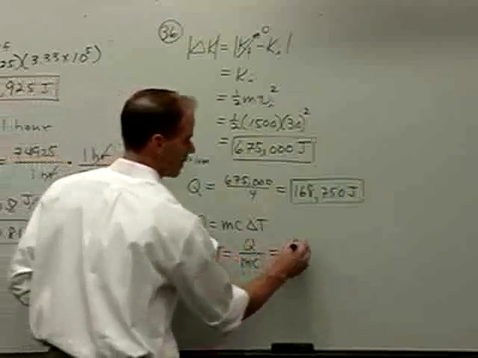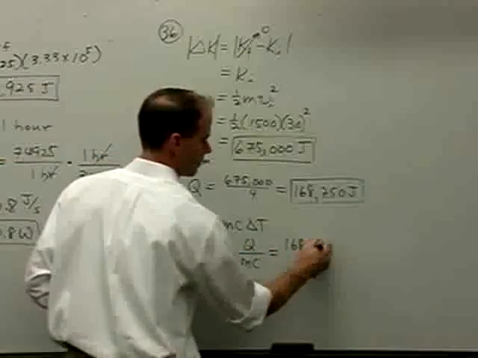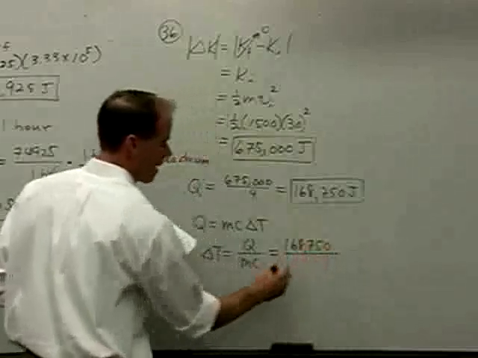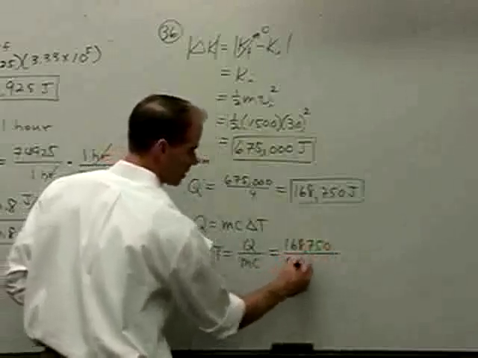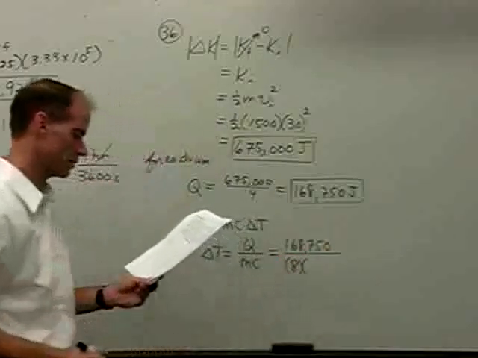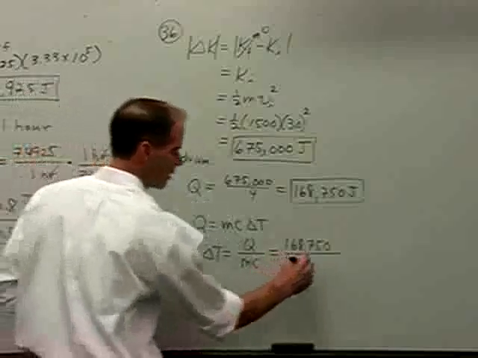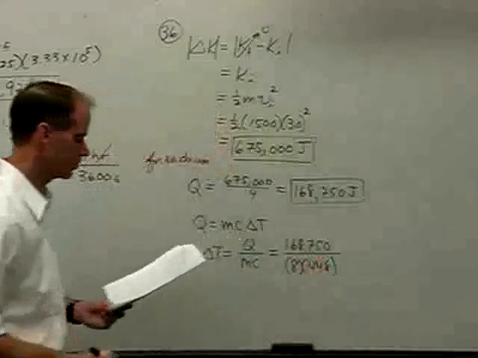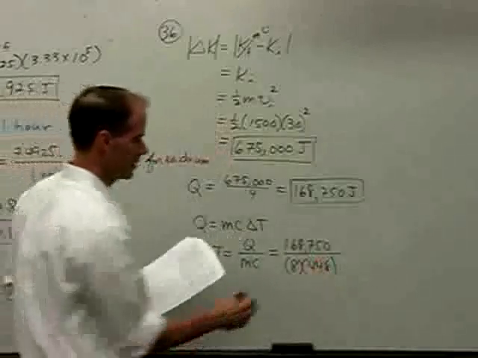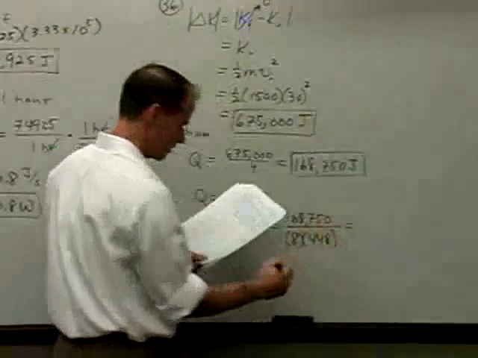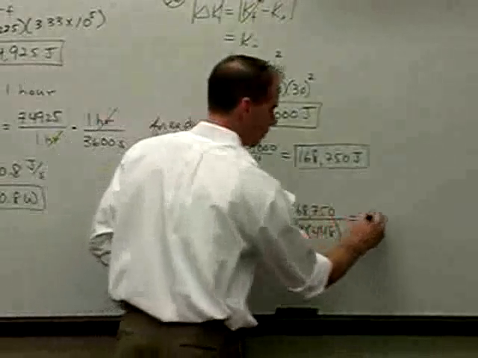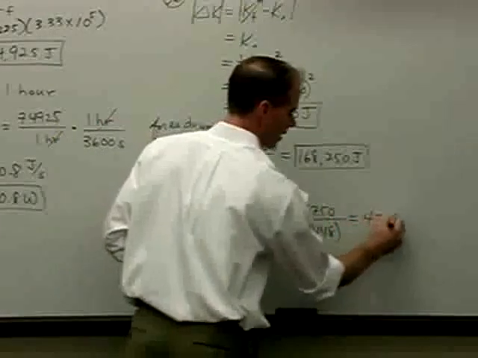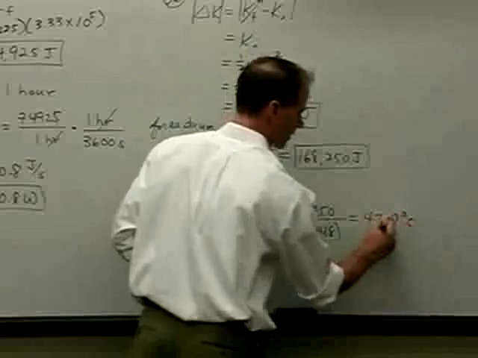This would be 168,750 joules divided by the mass of the drum, 8 kilograms. And we're told that the specific heat of the drum is 448 joules per kilogram per degree Celsius. So that gives us 47.08 degrees Celsius.